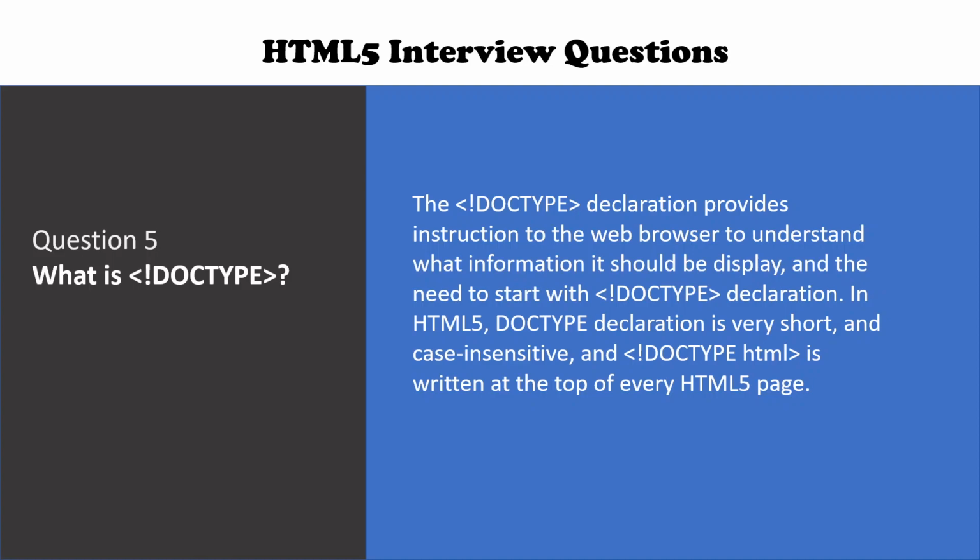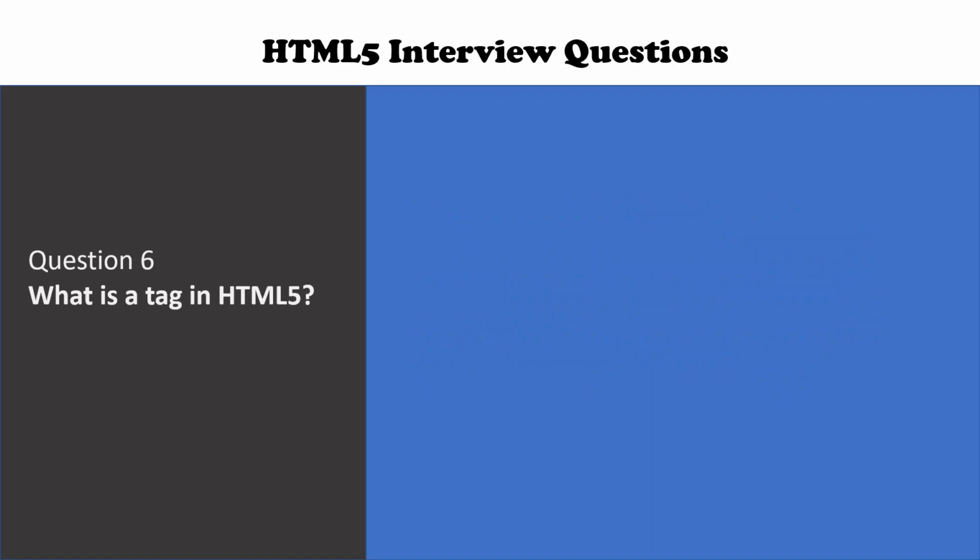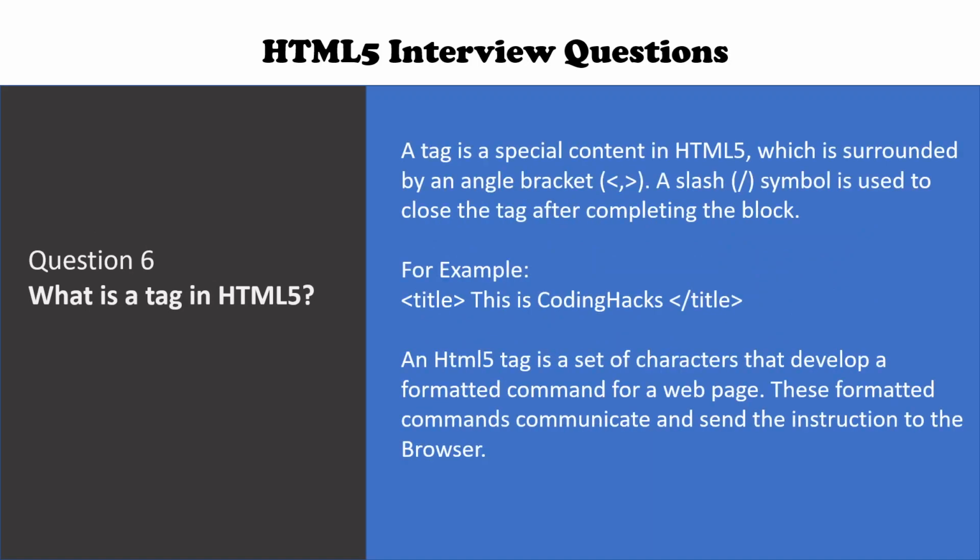Let us see the next question. What is a tag in HTML5? A tag is a special content in HTML5 which is enclosed by angle brackets. A slash symbol is used to close the tag after completing the block.